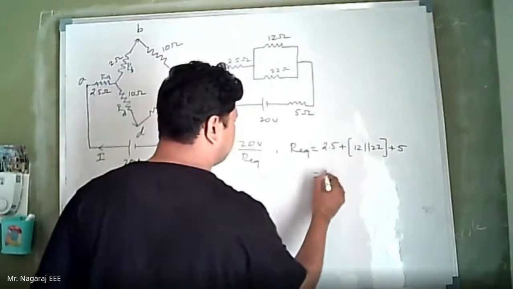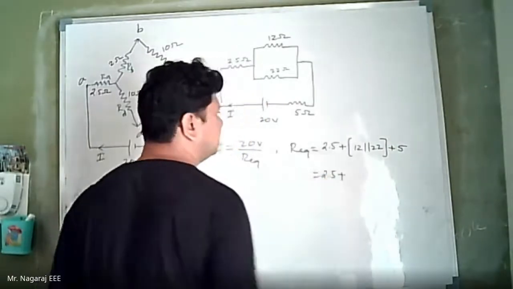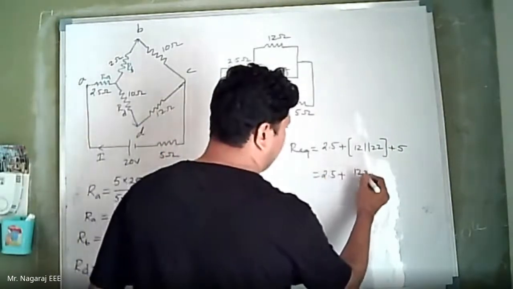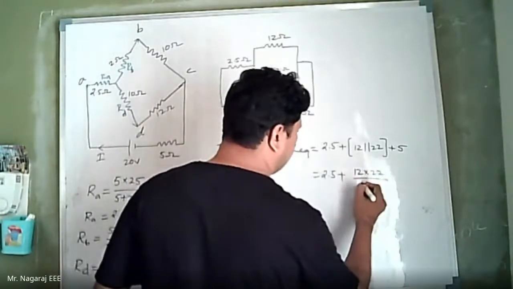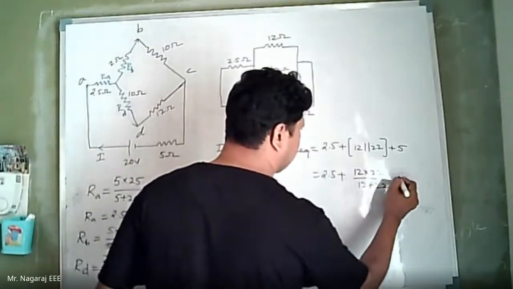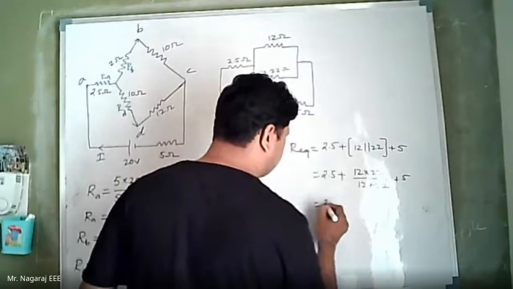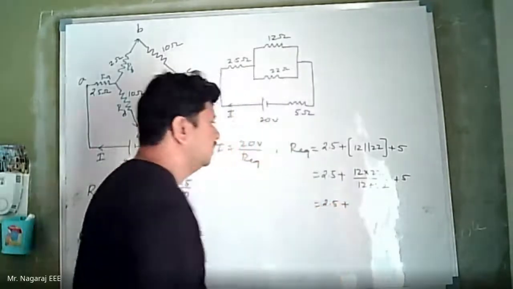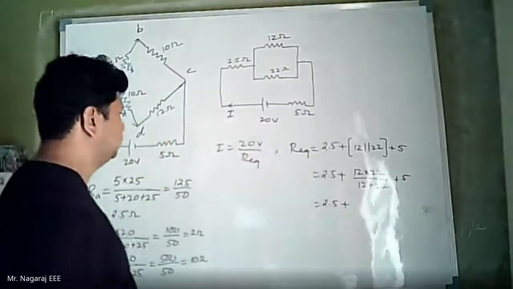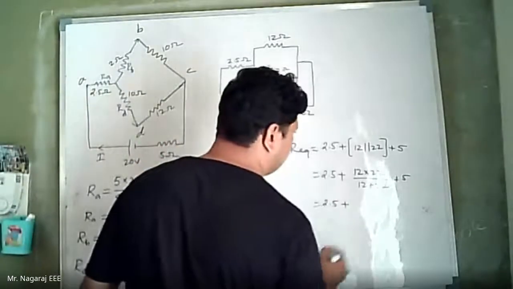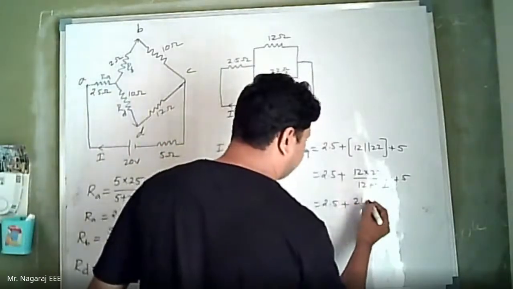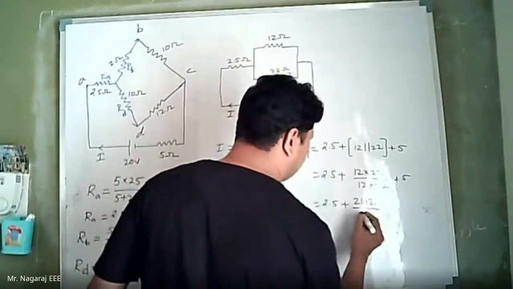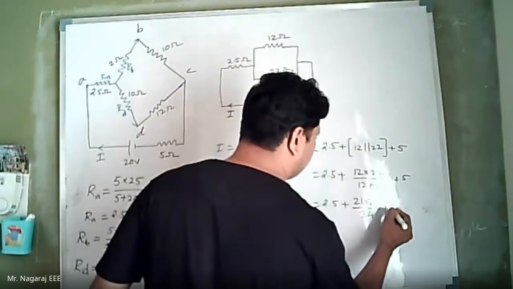So this is equal to 2.5 plus 12 into 22 divided by 12 plus 22, plus 5.